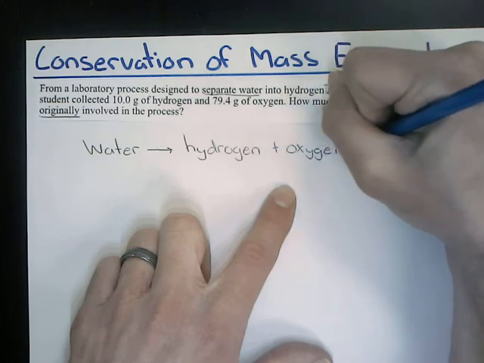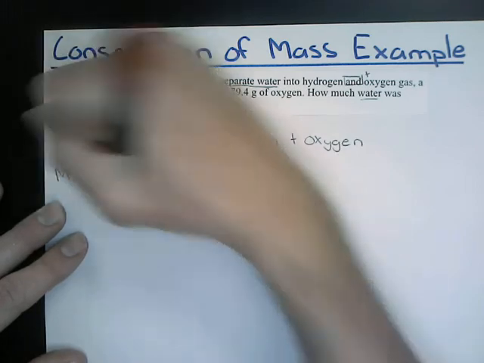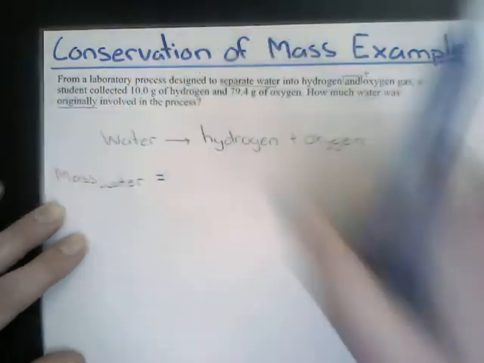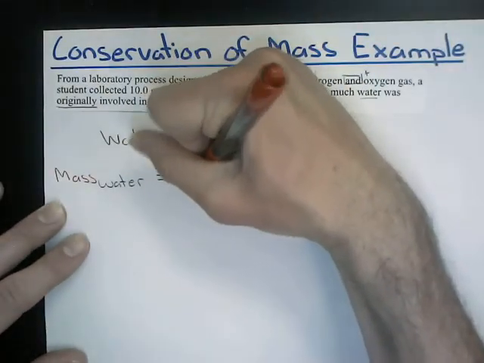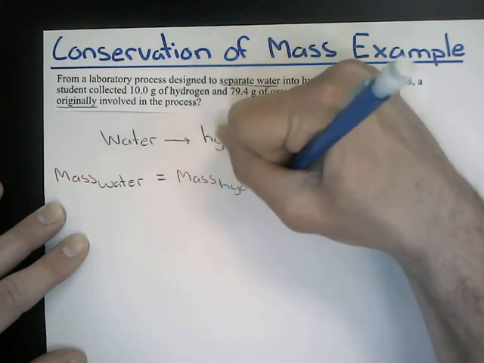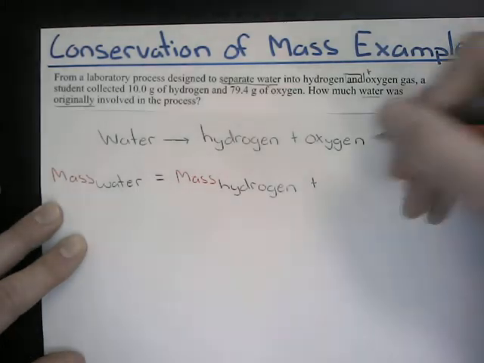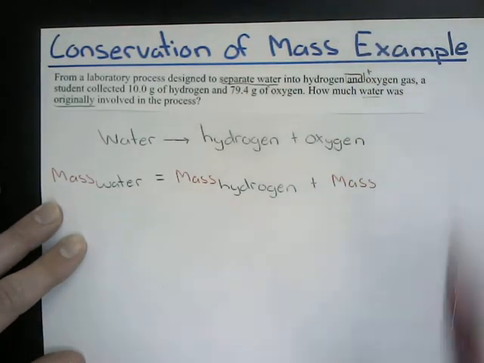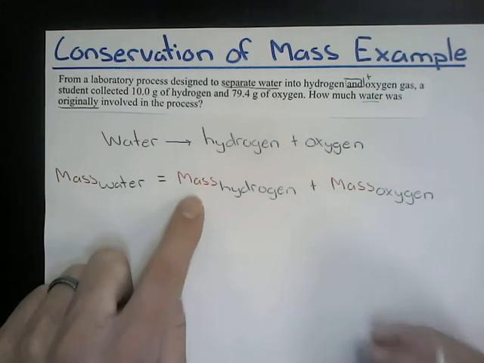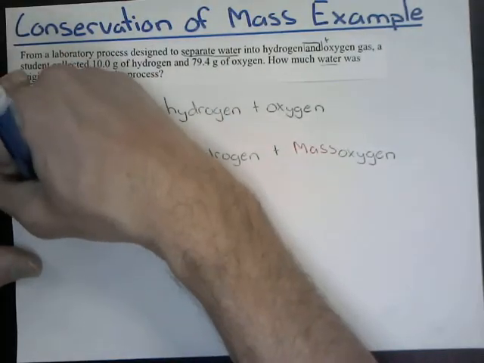Now, just like we did in the last problem, we can say that the mass of water is equal to the mass of hydrogen plus the mass of oxygen. And now all we need to do is plug in what we know and don't know and solve this equation that we've just produced.